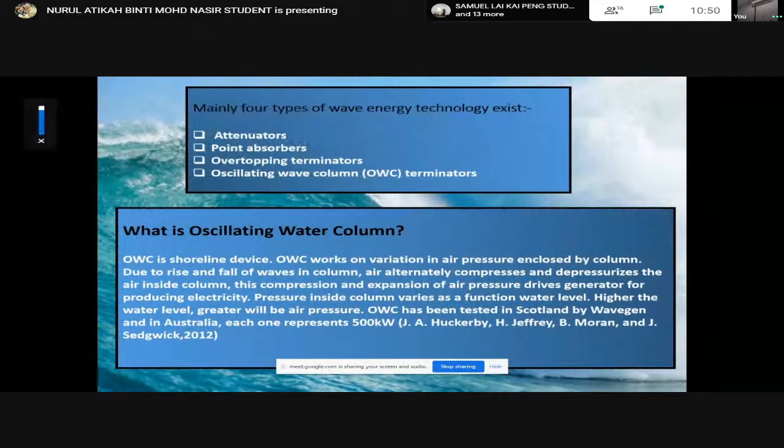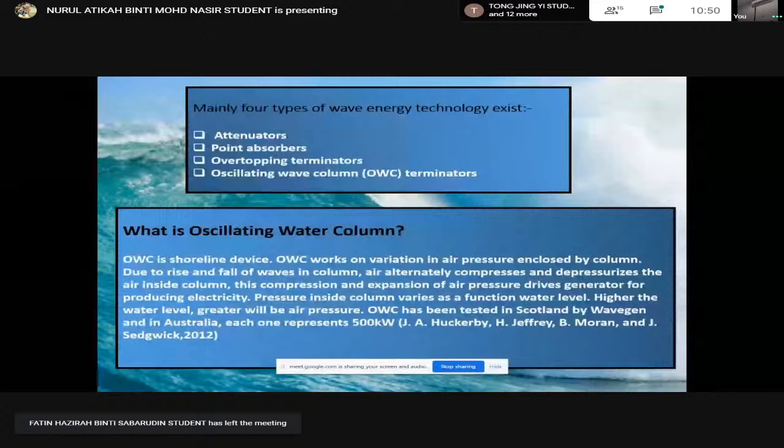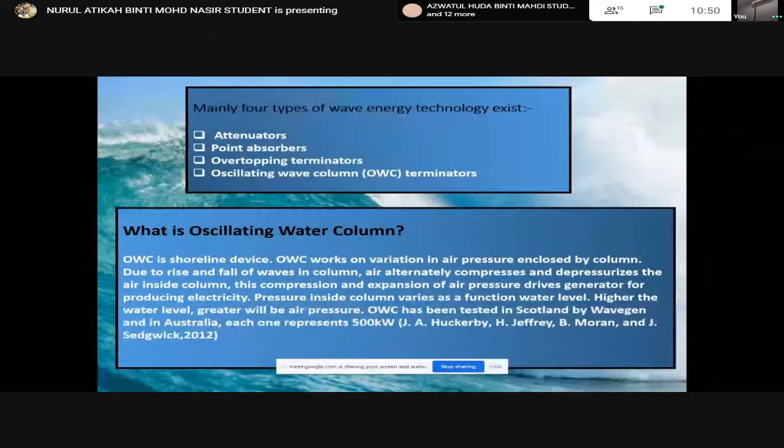Based on the research, Model Testing of an Ocean Wave Energy System, by Omar Yaakob from UTM Johor, he said that one suitable type of wave energy device that can be used in Malaysia is the oscillating water column.